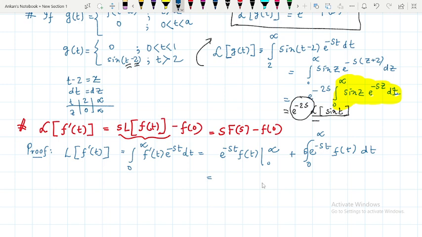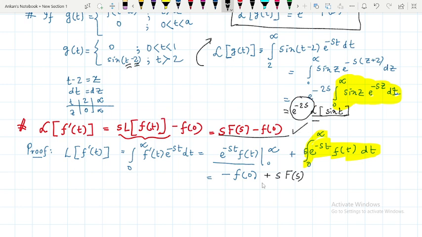By putting infinity, the exponential part becomes 0. By putting 0, the exponential becomes 1 and this becomes f(0). So minus f(0) comes out, and the remaining integral from 0 to infinity of f(t) e to the power minus st dt is simply the Laplace transform of f(t), giving s F(s). So the formula gets verified.